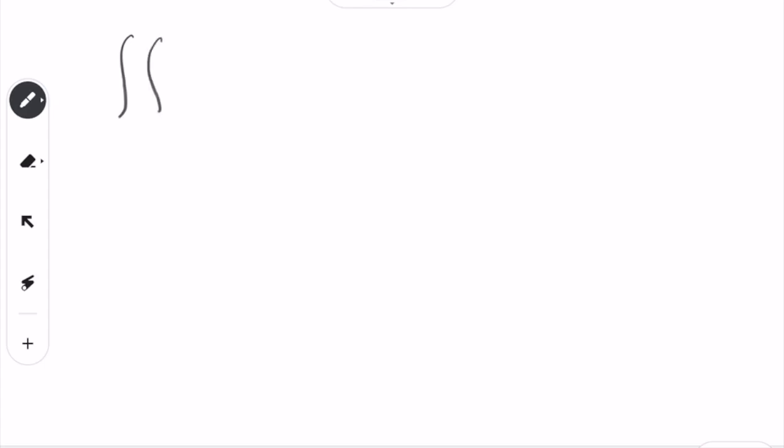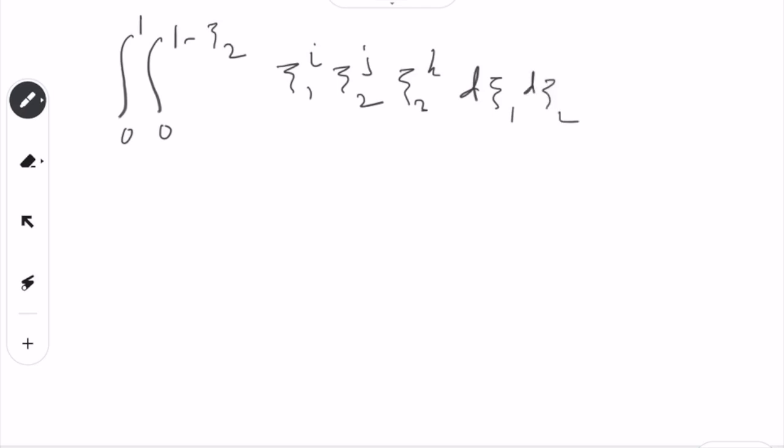If this is 0 to 1 minus xi 2, 0 to 1, and we have xi 1 to the power i, xi 2 to the power j, and xi 3 to the power k, and you have to integrate it with d xi 1, d xi 2, with xi 3 equal to 1 minus xi 1 minus xi 2, that's what it means.